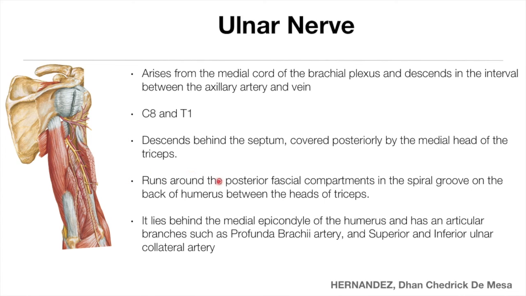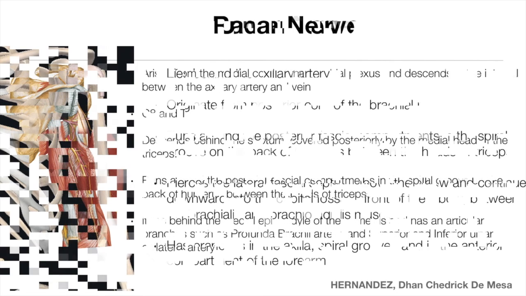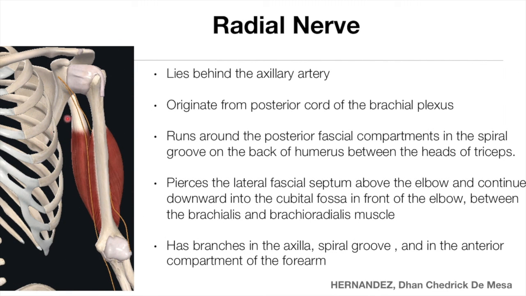Now, it runs around the posterior fascial compartments in the spiral groove on the back of the humerus between the heads of the triceps. Now, this one is more evident, more visible. So this is the anterior portion, showing only the muscles of the posterior fascial compartment.